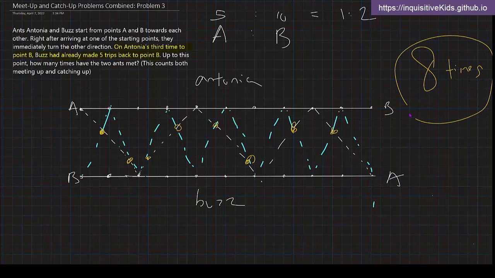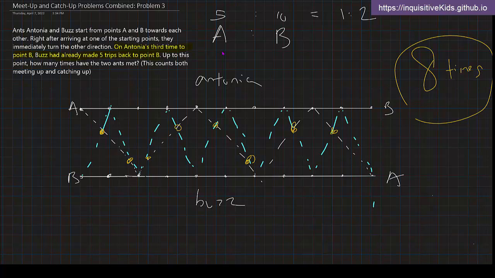This is why it's called a zigzag line, because there are so many zigzags over here. The key point of this problem is really just to know how to draw this.